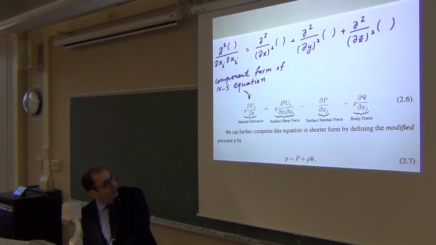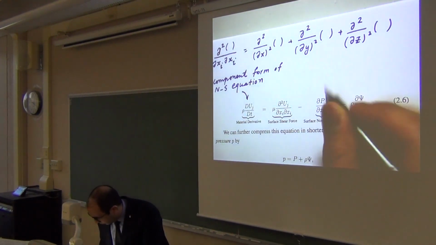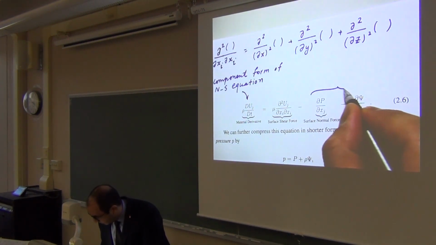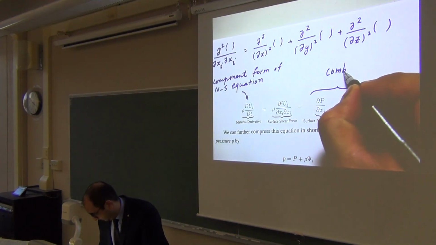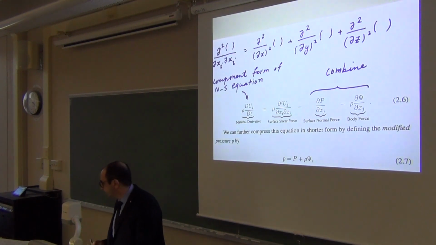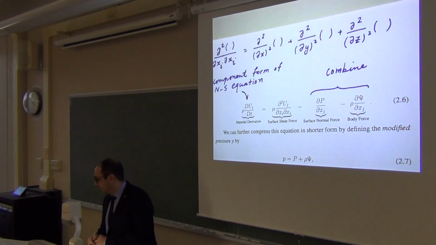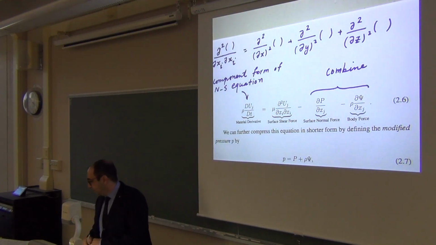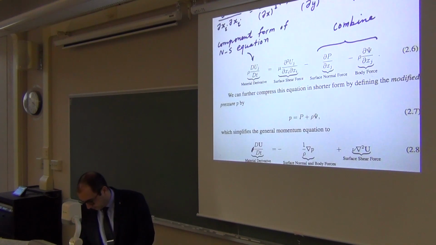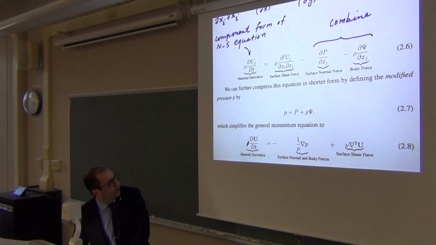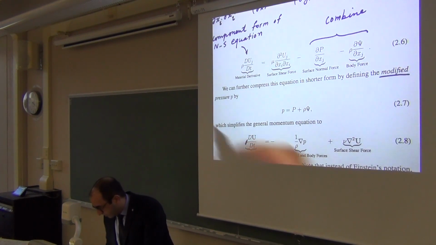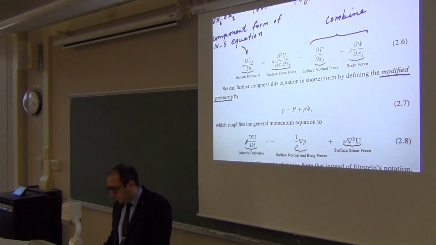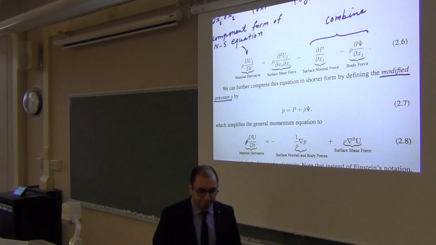It is customary to combine the last two terms in this equation. People often do that. And if you combine the two, you get something called the modified pressure. Modified pressure is just pressure modified by the gravitational potential.